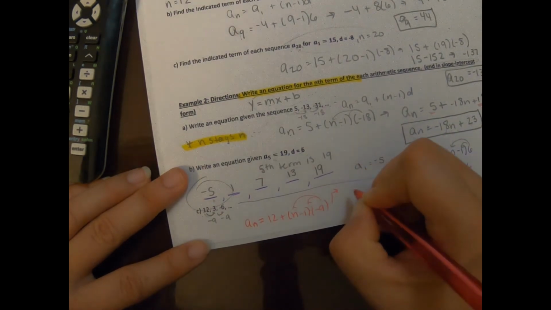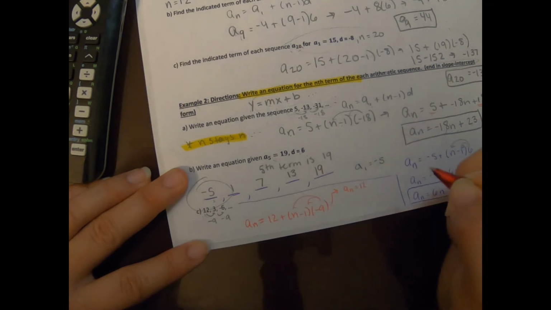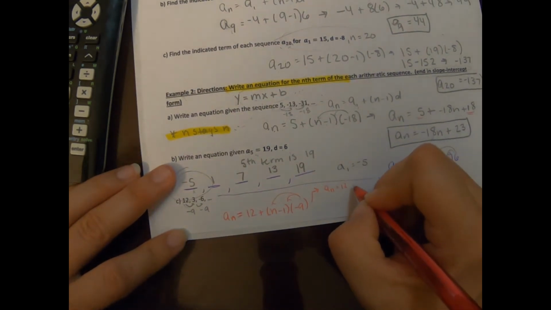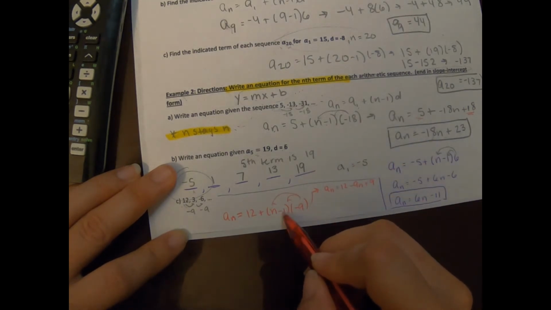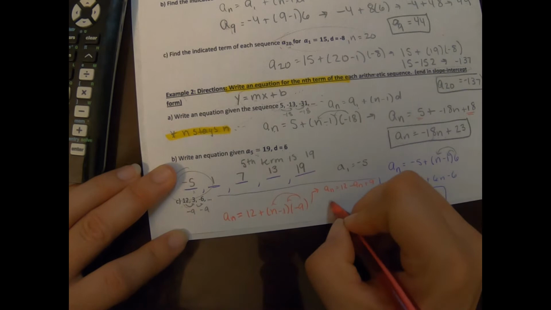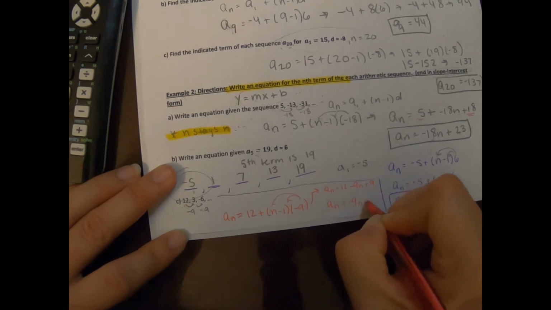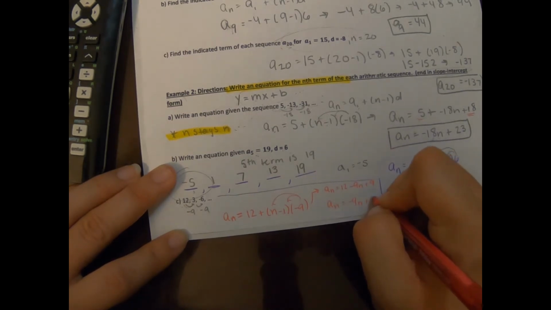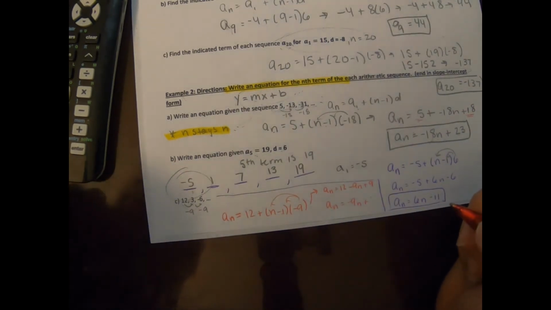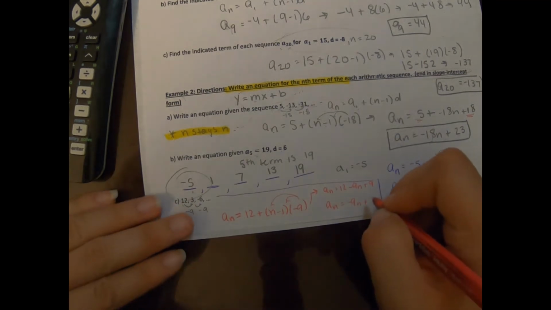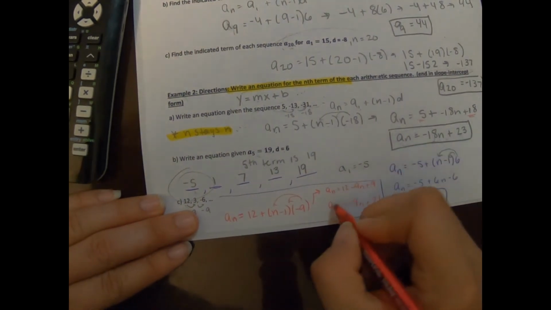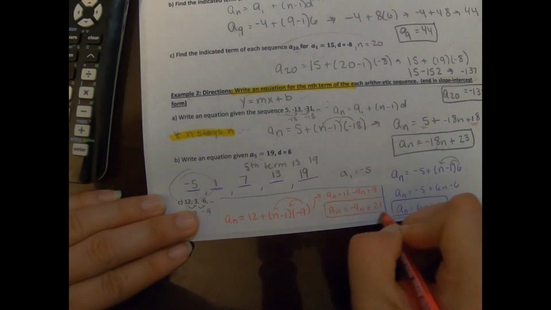And see, I get a sub n is 12 minus 9n plus 9, because -9 times -1 would be a positive 9. a sub n is -9n plus 21. All right, there's our sequence.